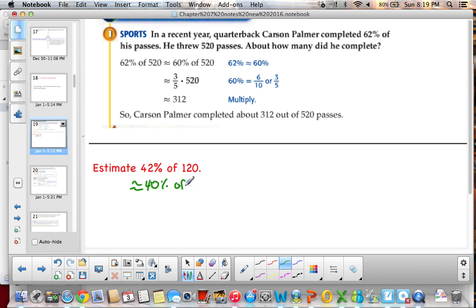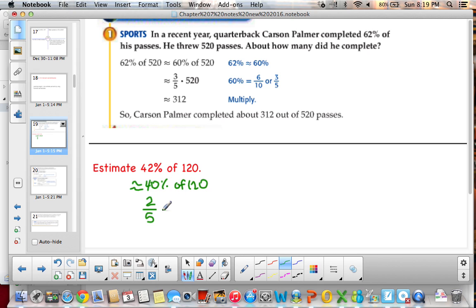And we know that 40% is 40 100ths, which can be simplified down to 4/10, which can be simplified down then to 2/5. And then remember, 40% of 120 would be the same as multiplying it times 120.